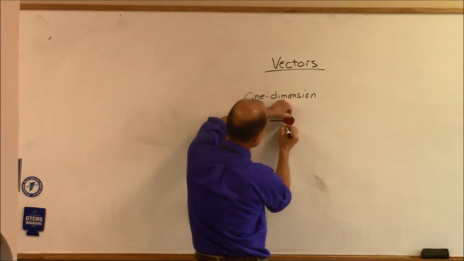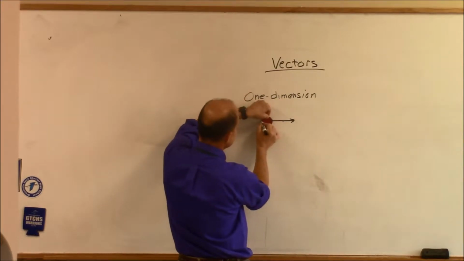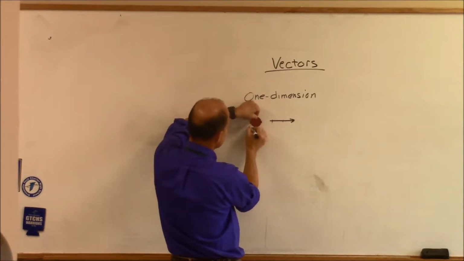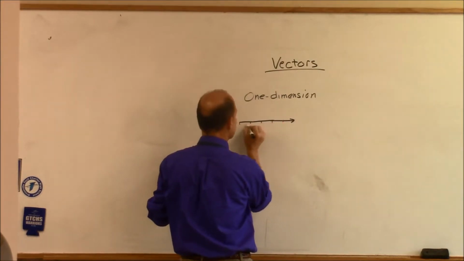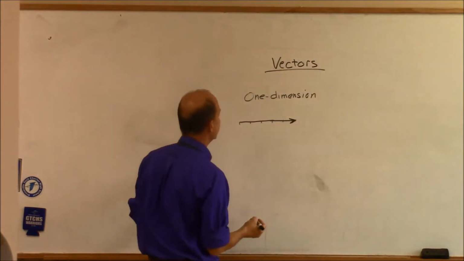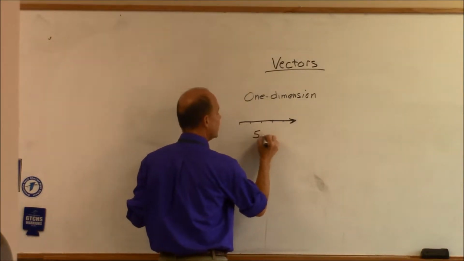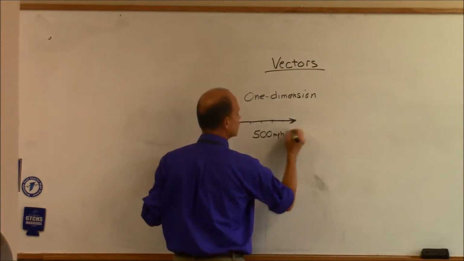Let's make that a 1, make this a 2, a 3, a 4, a 5. Okay? So 1, 2, 3, 4, 5. That's a big vector. So we have an airplane that is moving 500 miles per hour east.